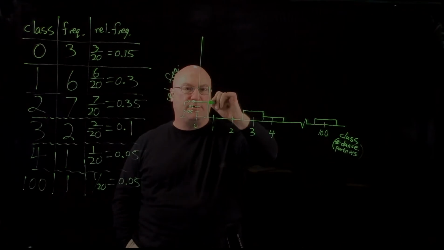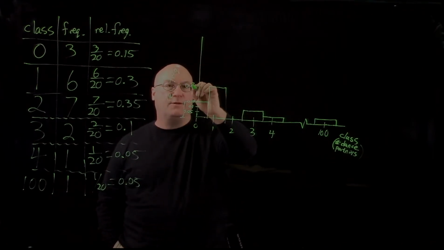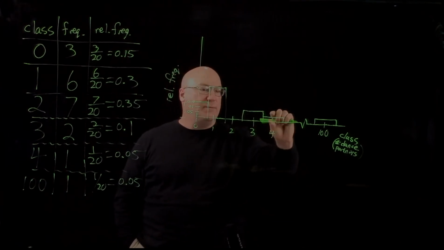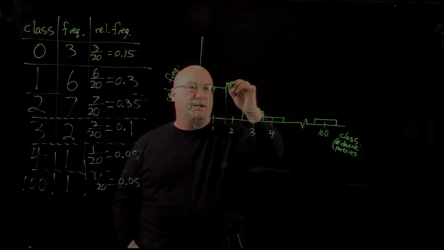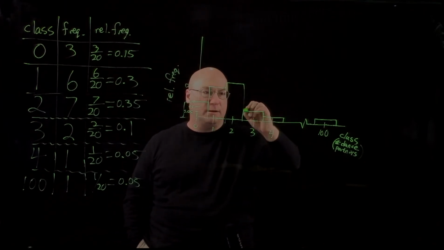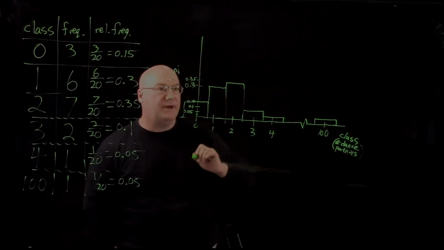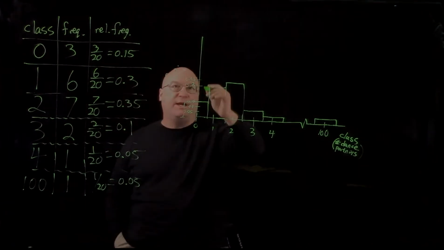So that puts me about right to there. And that's 0.3. And then finally 2 is up at 0.35, so that's up another 0.05 above that. So it looks about like that, I think. 0.35. So it's good to have the labels on the vertical axis so we can see. In fact, it's essential to have the labels.